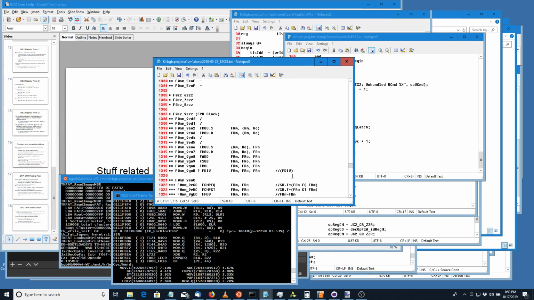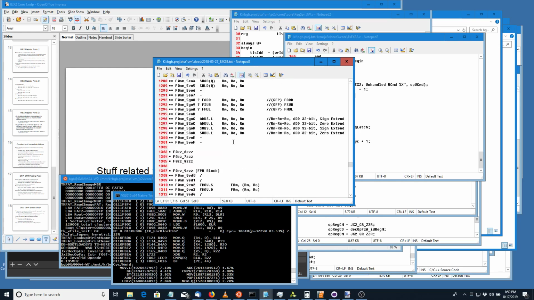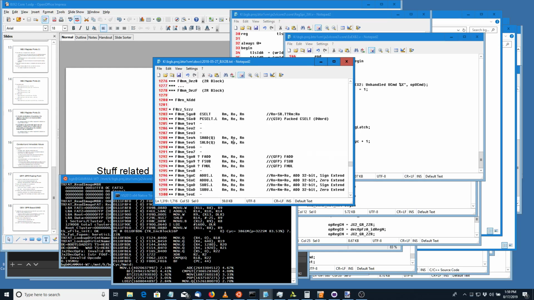Does GFP have FDiv? No. Does the main floating point unit have FDiv? Potentially. It could have FDiv. Or it could just do it in software, which is currently how it's done.